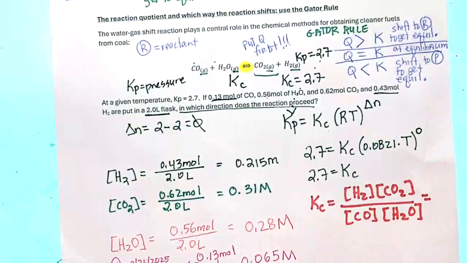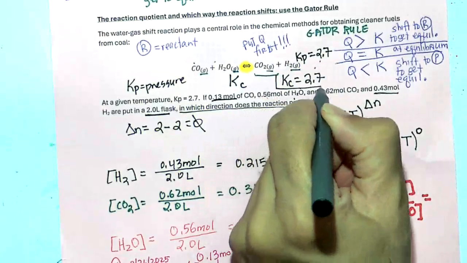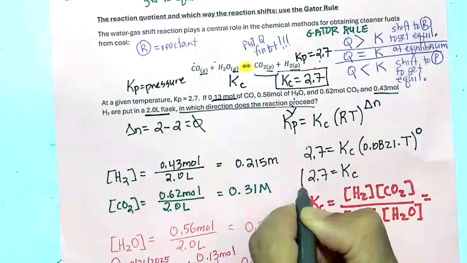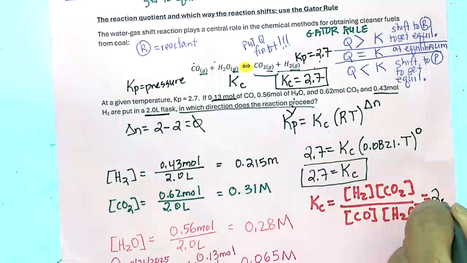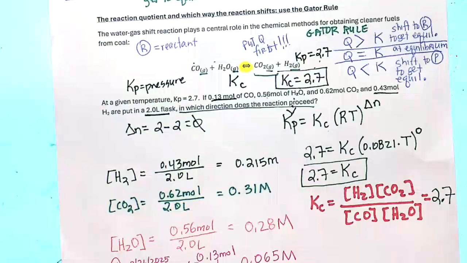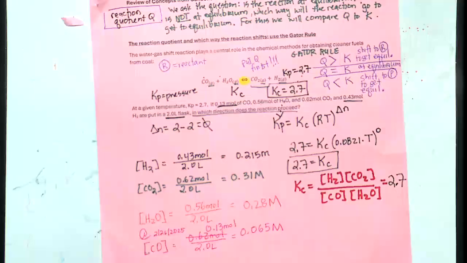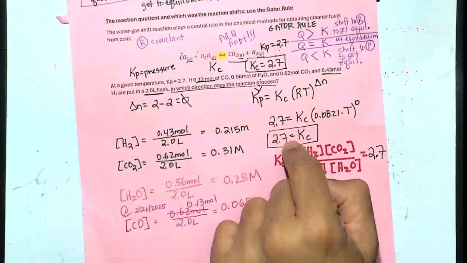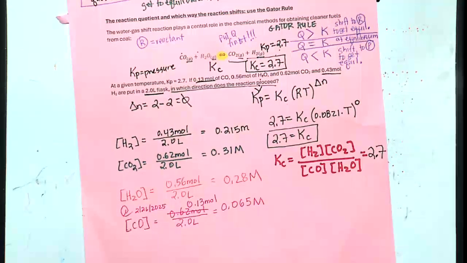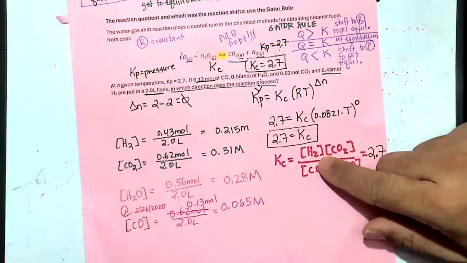This should equal 2.7, because that's what we calculated Kc to be. That's what we want them to equal, because that is what Kc is, the equilibrium constant in terms of concentrations.